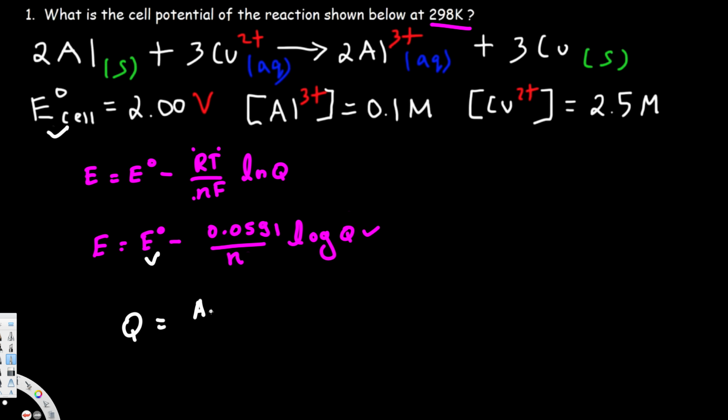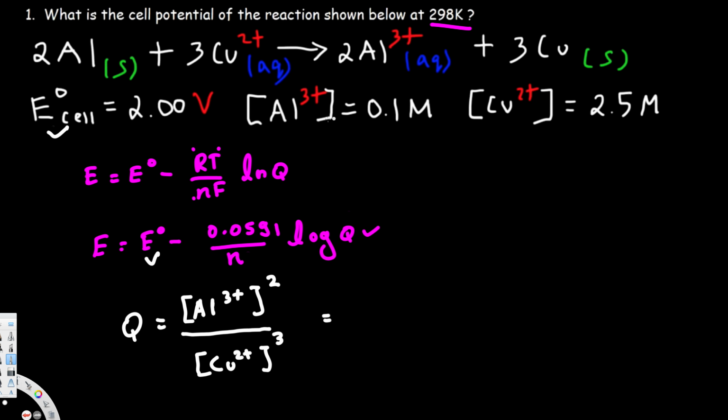So this is going to be the Al 3+ ion, and whatever we have in front, we have to raise to that power. So this is going to be squared, and in the bottom we are going to have reactants. We are going to have copper 2+ ion, and the number in front of it is 3, so that's going to be the power.